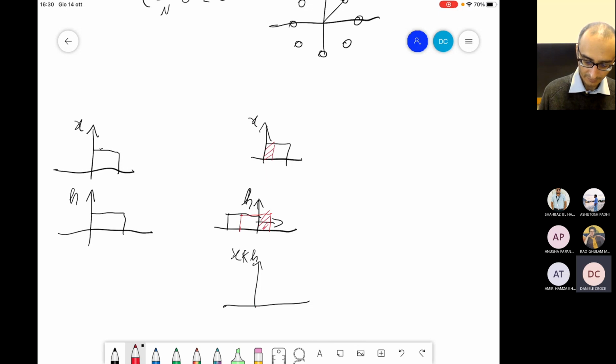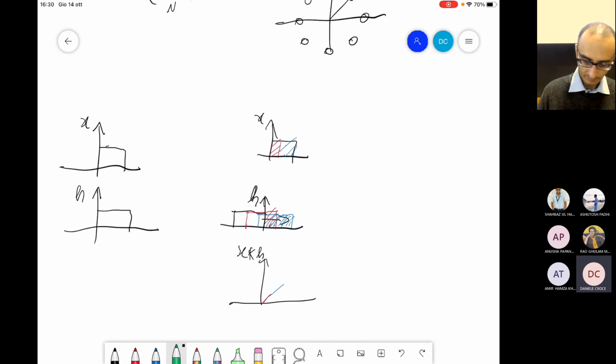So first you have something like this, and then the function h continues to move, and so the overlap is here until here, and so you have something that continues like this, and then when you go out from the other side, you have only this overlap here, for example, okay?